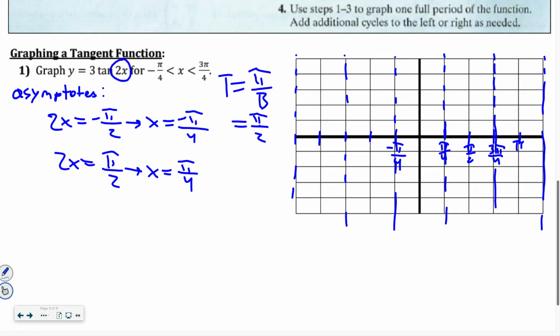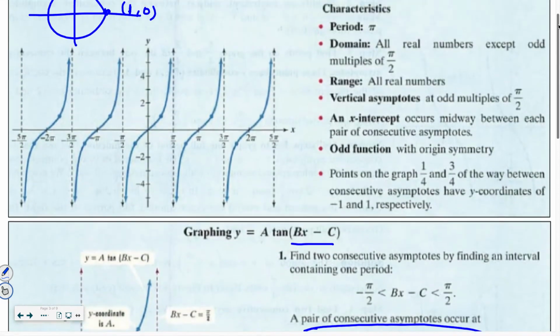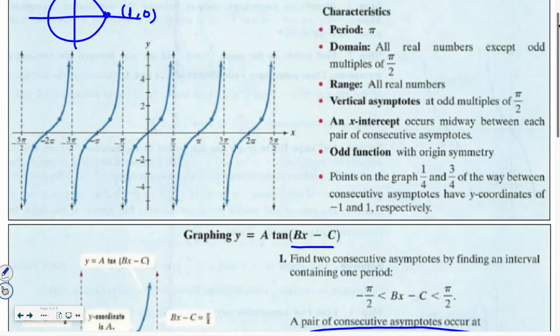Yes. How do you find the asymptotes? I'm confused about that. I take this guy right here and set it equal to negative pi over 2 and pi over 2 and solve. Well, I'll go through it anyways, but on our original, pi over 2 is an asymptote, right?